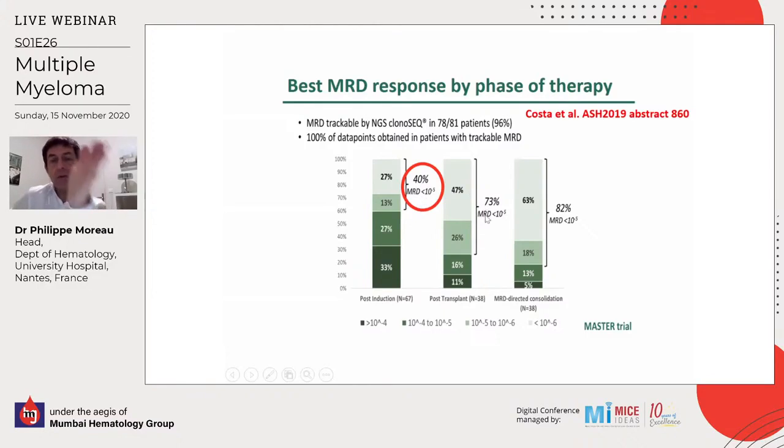And after 4 additional cycles of consolidation, 82% of the patients were MRD negative. It means that for more than 70% of the patients, the treatment was stopped after induction and stem cell transplantation because they were MRD negative.